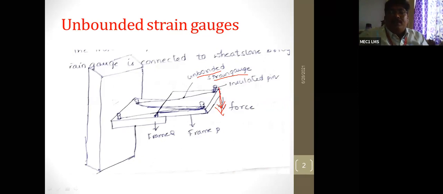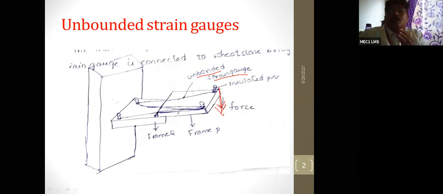When the force is applied, the next step is, these two frames undergo stress. Thereby the strain is developed. With the help of this strain gauge wire, there will be a change in the resistance.